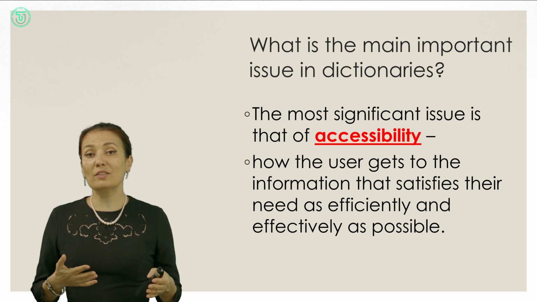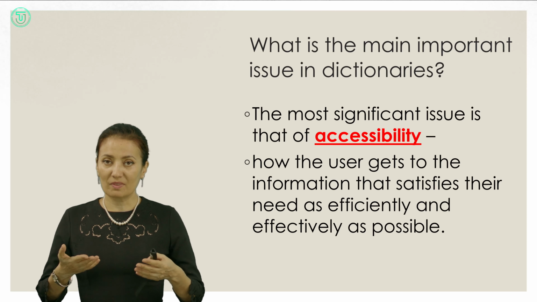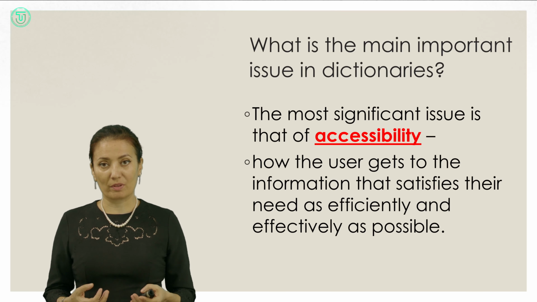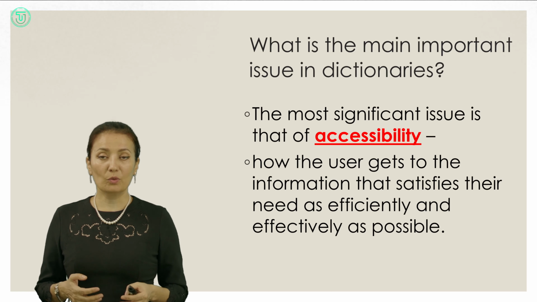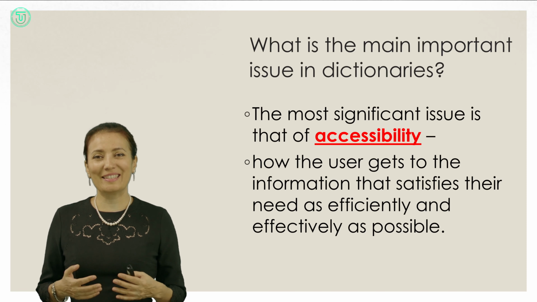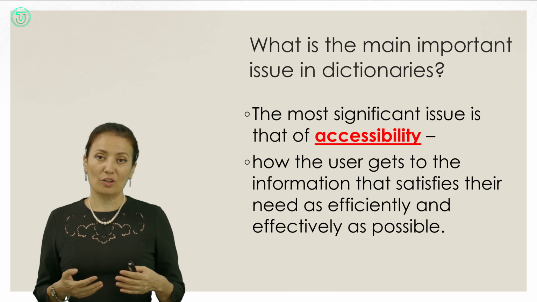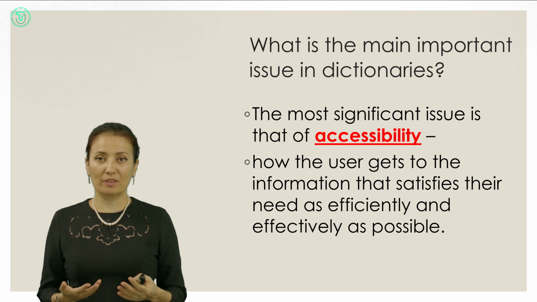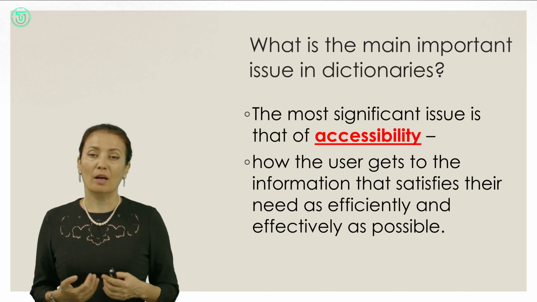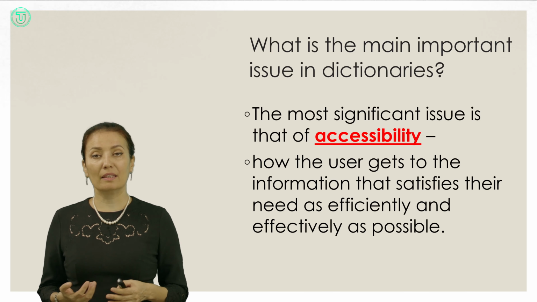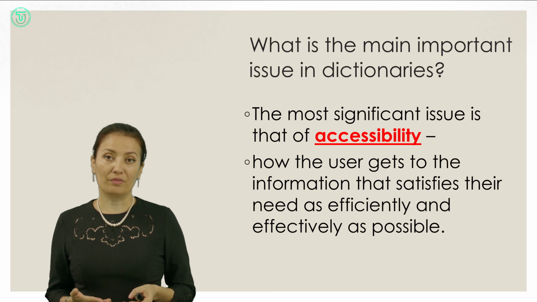As you know, there are a lot of dictionaries, and with the development of the compiling process and the turn to online dictionaries, users have become more demanding. These dictionaries should answer the requirements and fulfill the wants and needs of users. It means that dictionaries nowadays have become user-friendly.